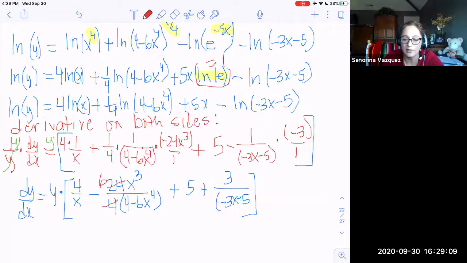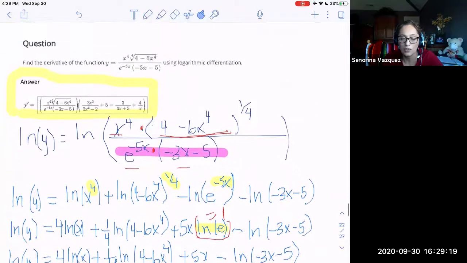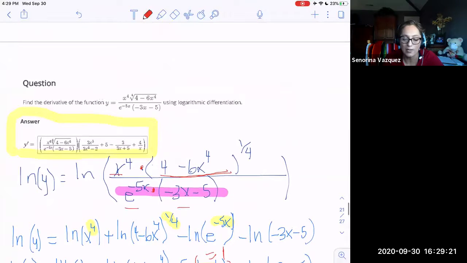And now what's left is to replace this y. In the very last step, we have to replace that y with the original definition of y. What was y to begin with? Well, to begin with, y was equal to all of this right here. See, it says y equals all of that. So I need to copy all of that and put it down there.